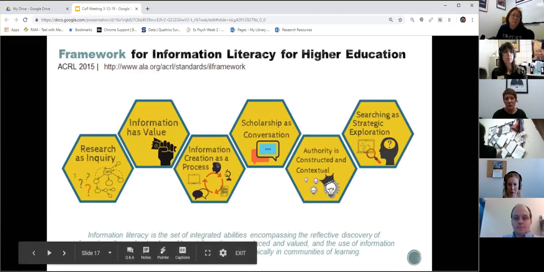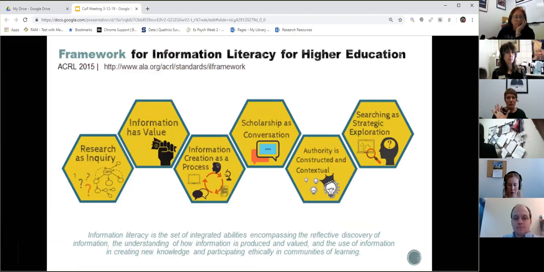And then the last one is the one that we think of most often as information literacy. And if you go back to the original standards set by the ACRL, many of them are stuck in the searching as strategic exploration. It's still a threshold, right? We're still seeing students struggle with choosing databases, coming up with keywords.